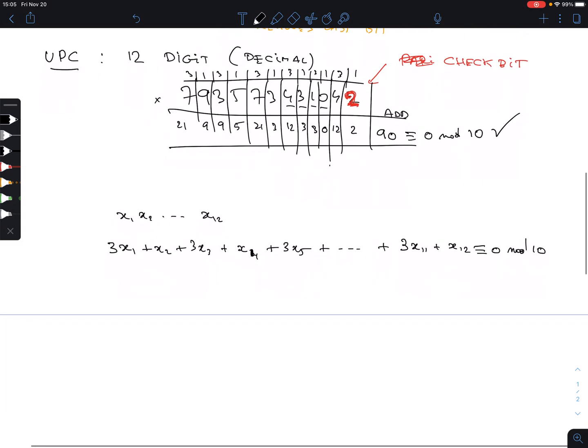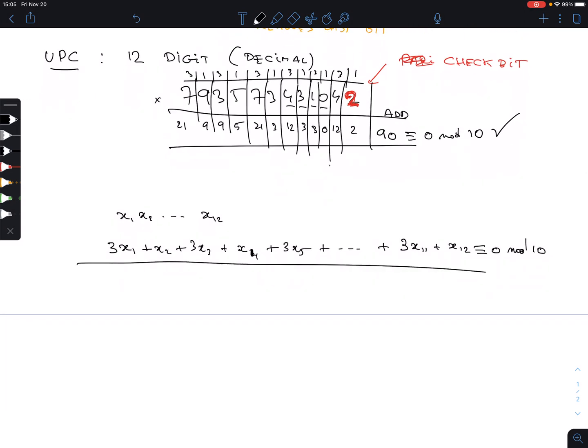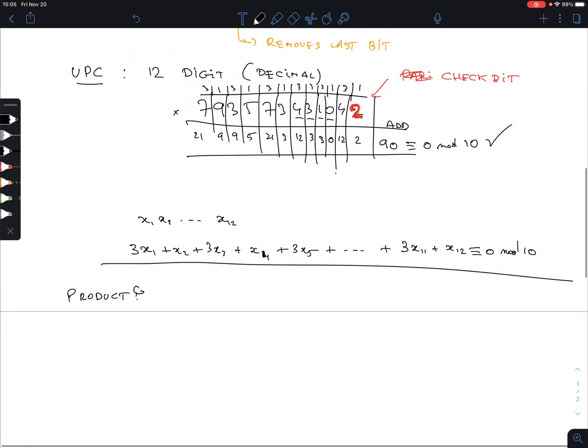So, for instance, suppose we have a product, and the number that we want to assign to this product is 0413310 2164. Let's see, is this 11? 1, 2, 3, 4, 5, 6, 7, 8, 9, 10, 11.